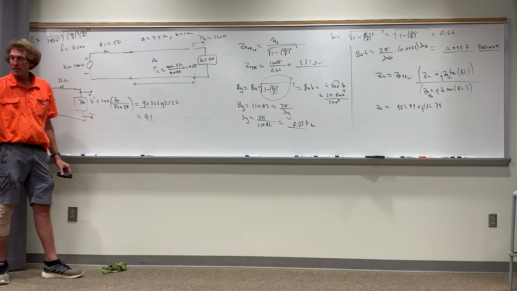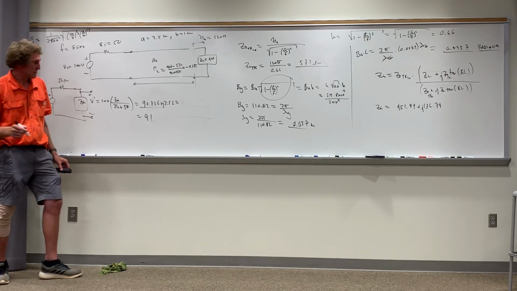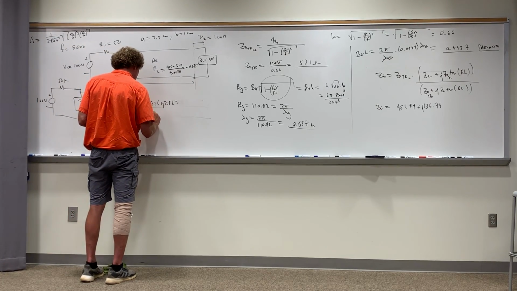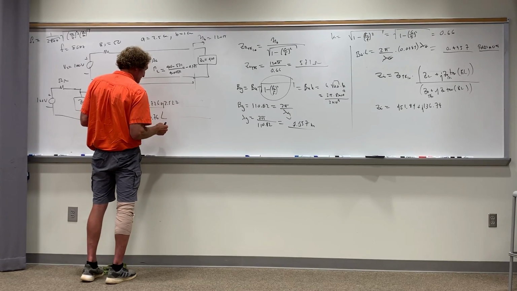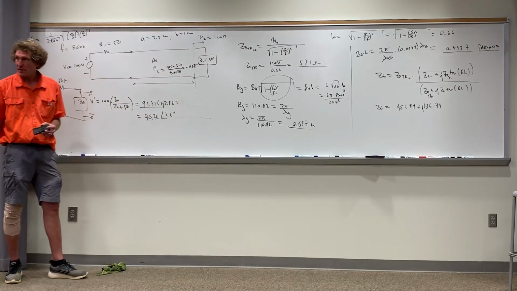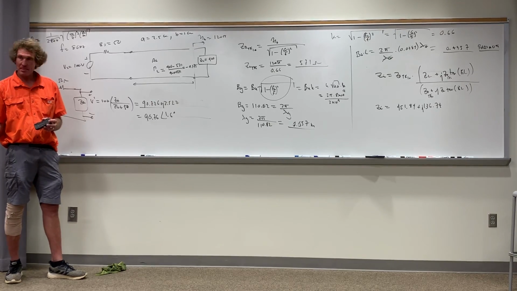Polar, it's 90.76 magnitude. Okay. Pretty much 90.76 at an angle of even a degree? 1.6 degrees. Confirm?